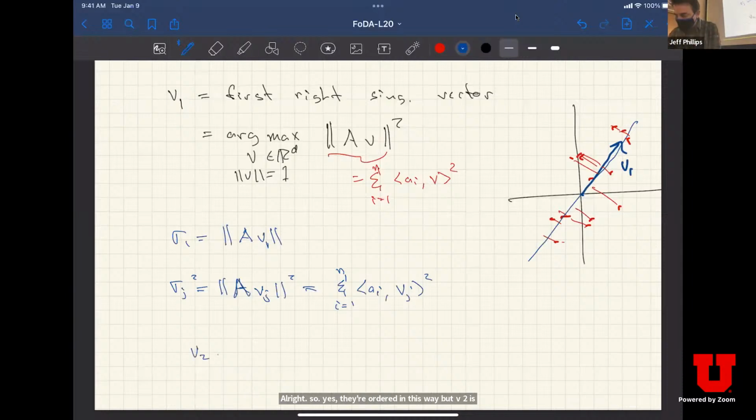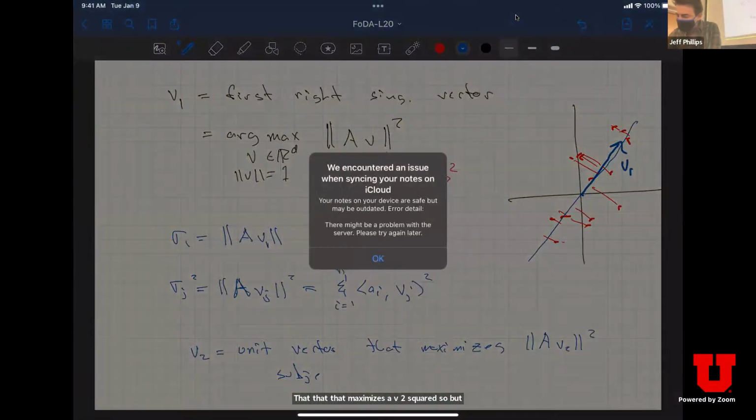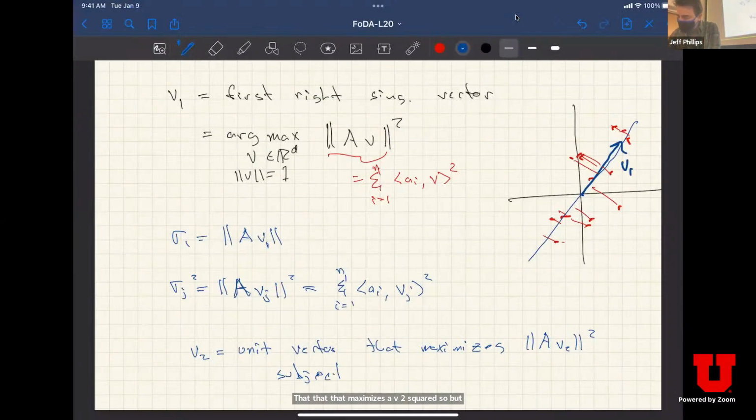So V2 equals the unit vector that maximizes the norm of A V2 squared, but importantly, subject to V2 dot V1 equals 0. So the definition of V2 depends on V1.